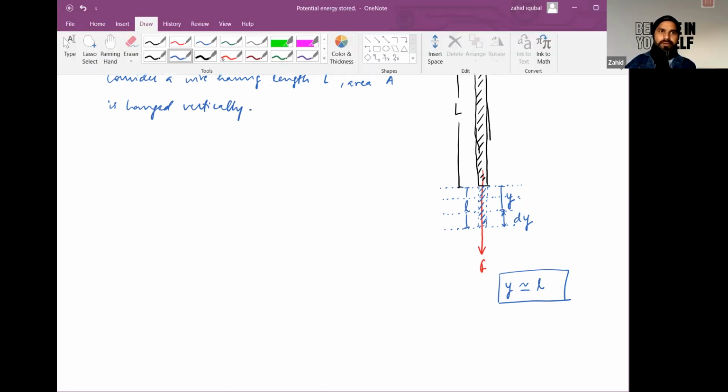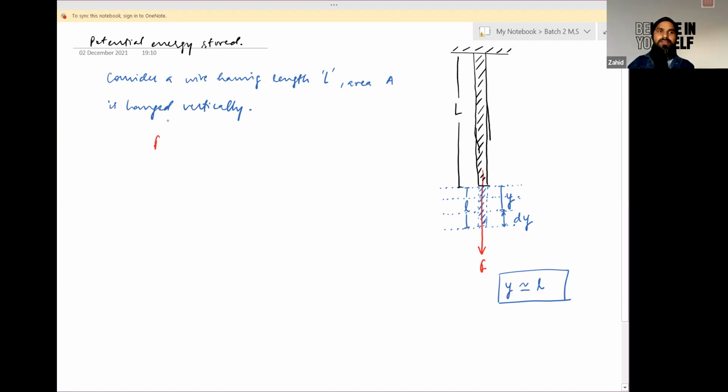If you apply force to its end, according to Young's modulus, Y equals stress divided by strain. Stress is force divided by area of cross section. Strain is y divided by capital L. On rearranging, it will be F times L divided by A times Y.